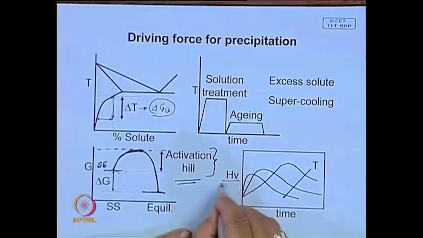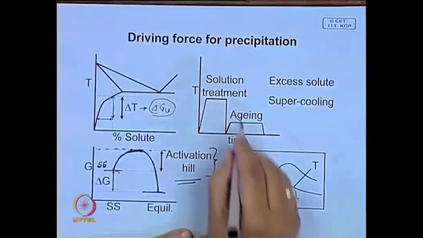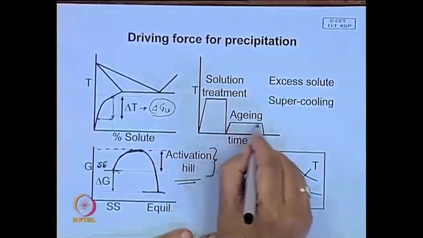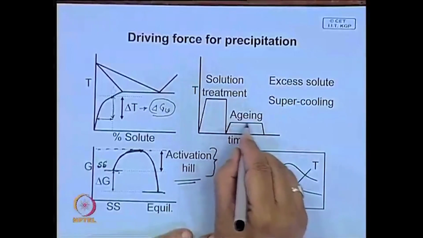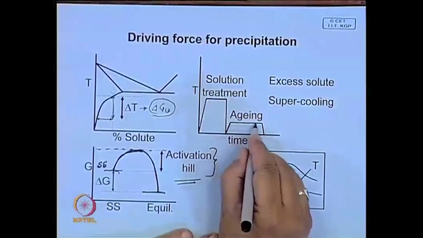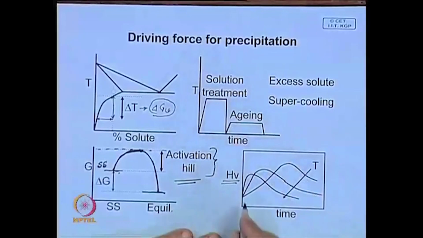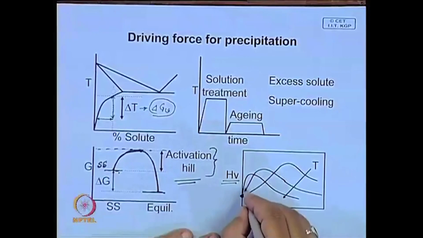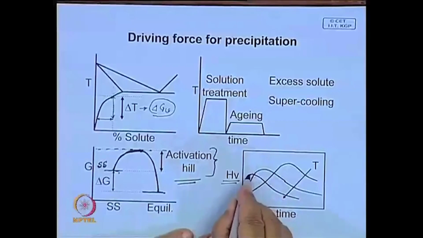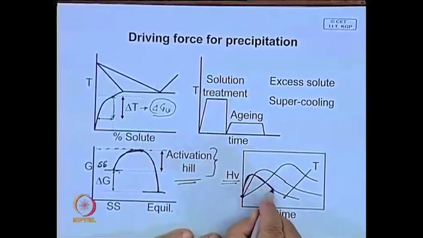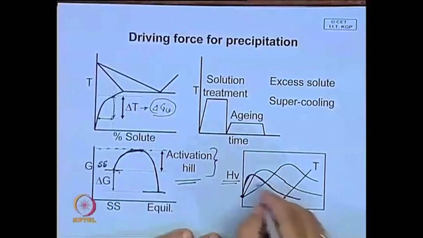This is the Vickers hardness, and if you measure the Vickers hardness after aging at this particular temperature for different lengths of time, then quench to room temperature and measure the hardness, you may find this is your as-quenched hardness, and if you age, you will find this hardness goes up, passes through a peak and then comes down.